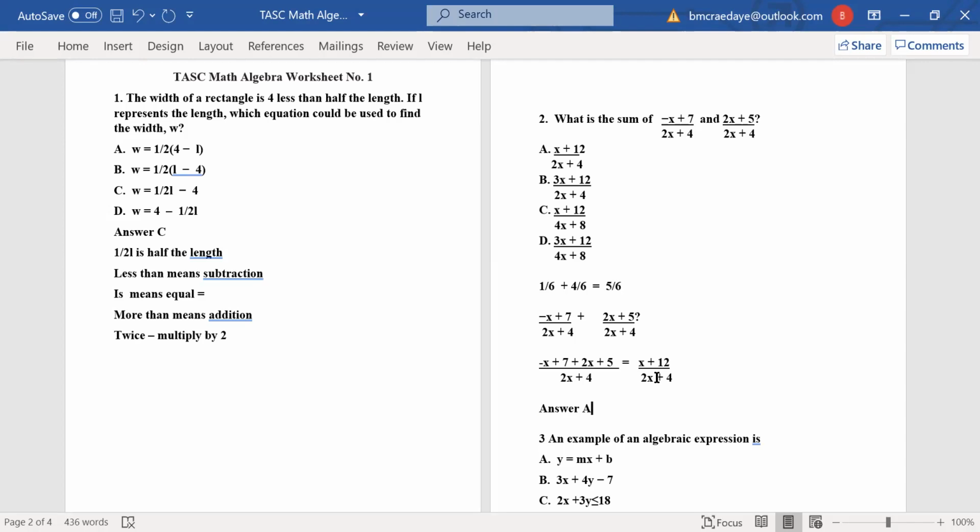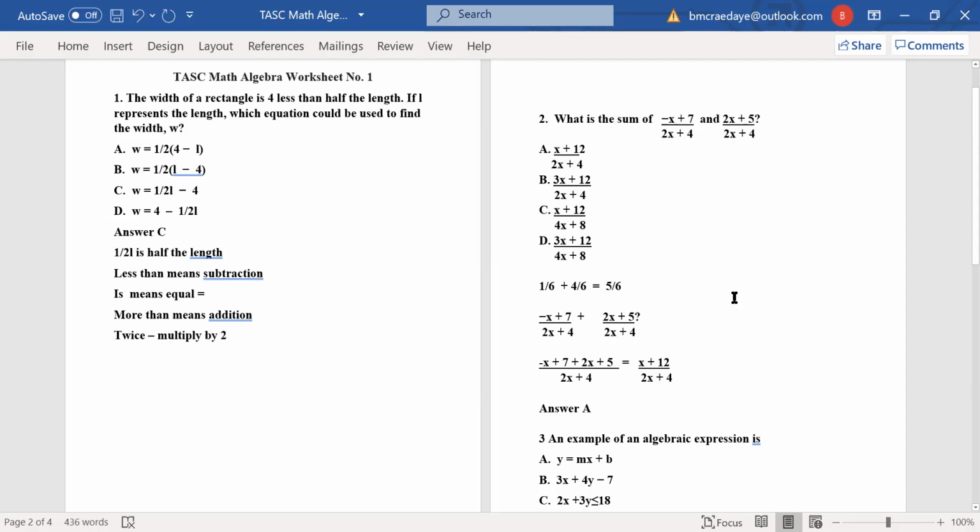That's why I put the 1/6 and the 4/6. Vanessa, you right away said 5/6. You added up the numerators because the denominators are the same. You do the same thing here, okay?